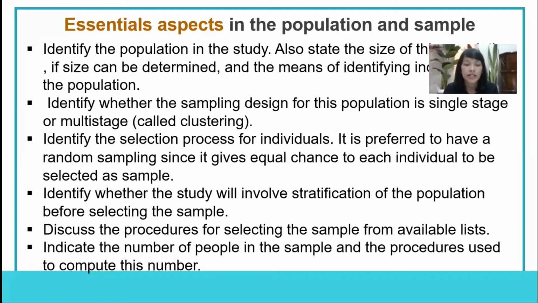The next is discussing the procedure for selecting the sample from the available list, and indicating the number of people in the sample and the procedure used to compute this number. According to Fowler in 2002, they recommend that one use a sample size formula available in many survey texts.